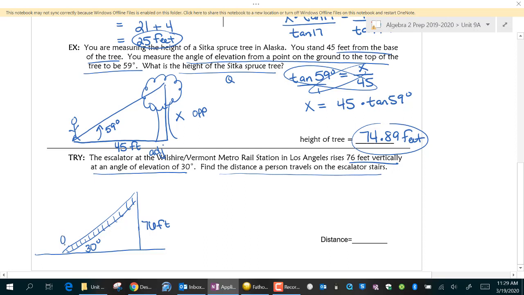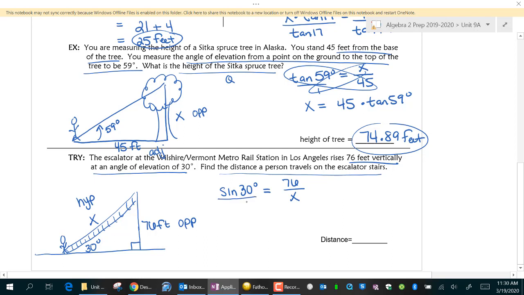Well, if you think about where the person would be, if they're going up the escalator stairs, that means I'm looking for this distance right here. So that's my hypotenuse of the triangle. So this one's going to be slightly different. So if my angle 30 degrees is the one down here, I have the opposite side and I'm solving for the hypotenuse. So opposite and hypotenuse tells me to use sine. So I would set this equation up as sine of 30 degrees equals the opposite, so 76, divided by the hypotenuse x.